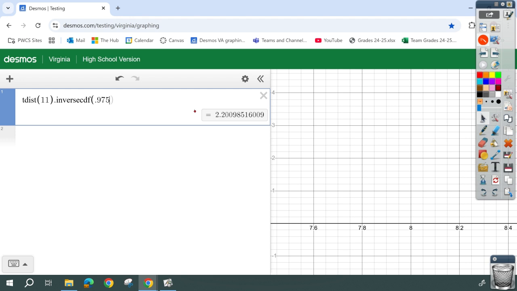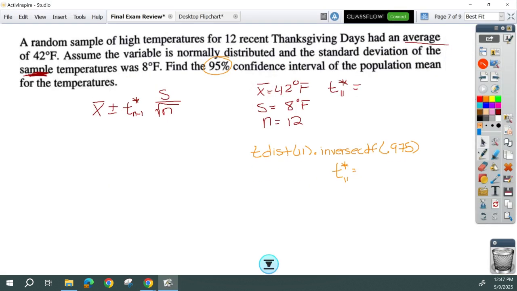So our T star is going to be 2.2. And I don't really know why it's not writing. There we go. Just a little bigger. 2.2. So then we could just go in and plug in all these numbers like we did on the previous problem.